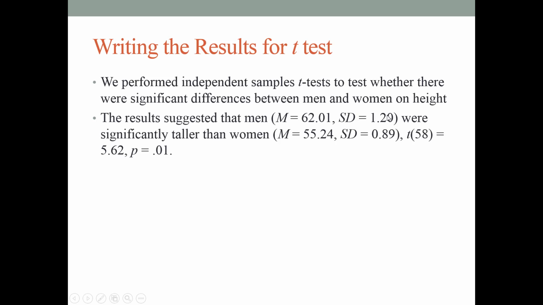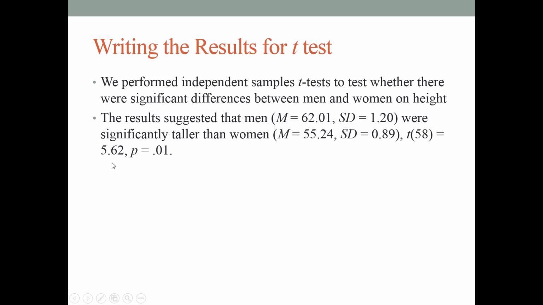You report it, and then say males were significantly taller than women. And then this is how you report t, and then parentheses, and then there's a number. This number is actually the degrees of freedom. When you use software, pretty much SPSS, to analyze the data, the software will tell you the degrees of freedom.